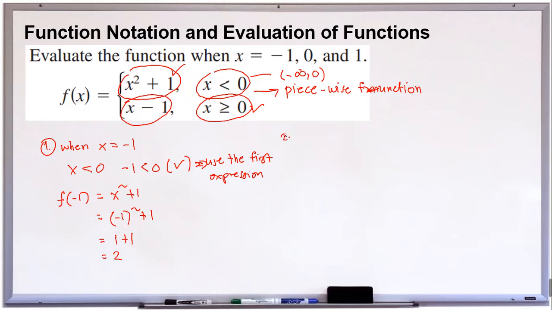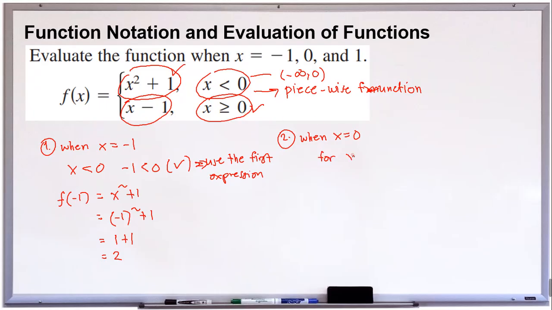Now let's try the second one, that is when x is equal to 0. If the value of x equals 0, we can say that this x value is under the given domain, x is greater than or equal to 0.